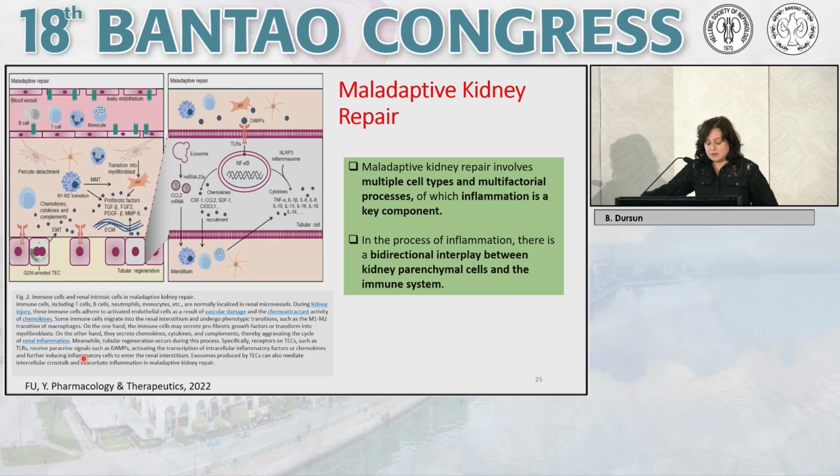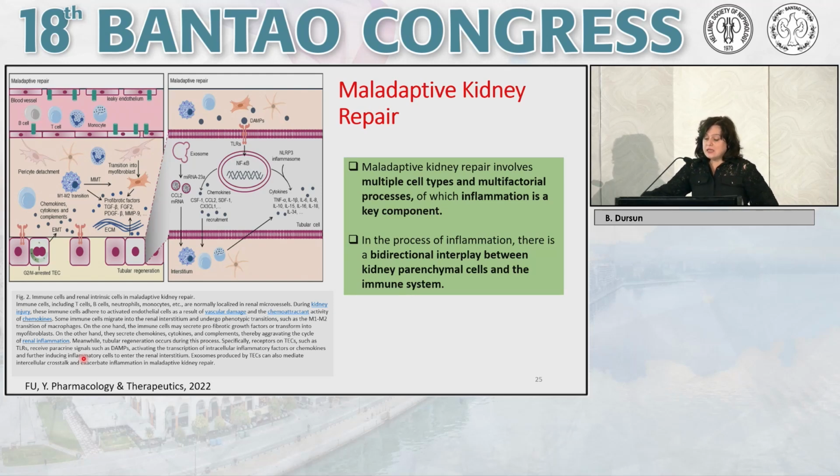If I emphasize what is going on at the interstitial and tubular cell level, there is cell cycle arrest, endothelial and epithelial mesenchymal transitions, mesenchymal phenotypic transitions into profibrotic phenotypes, as well as release of profibrotic factors, complement activation, and metabolic changes in mitochondria.